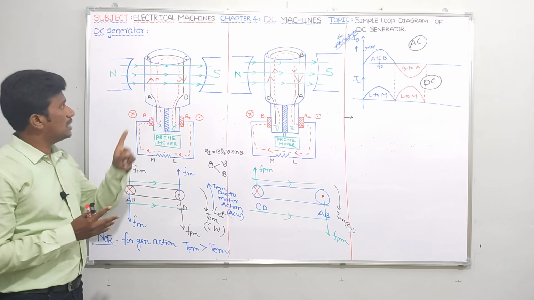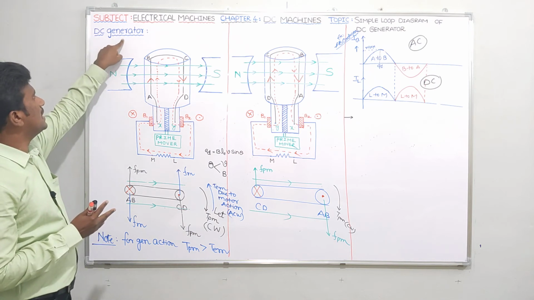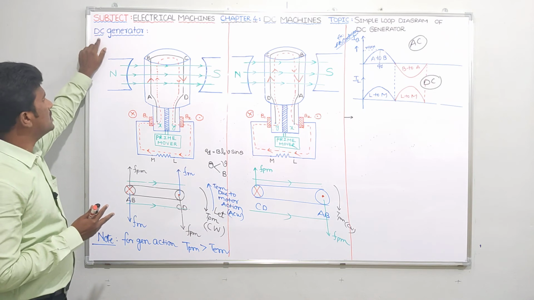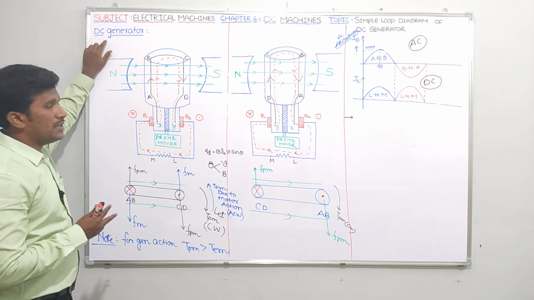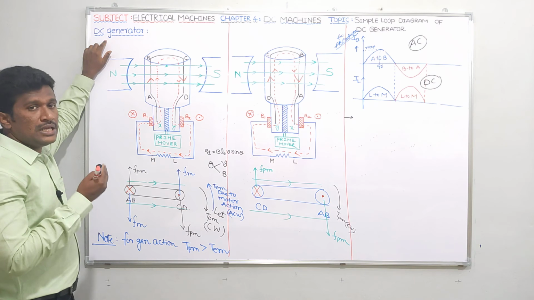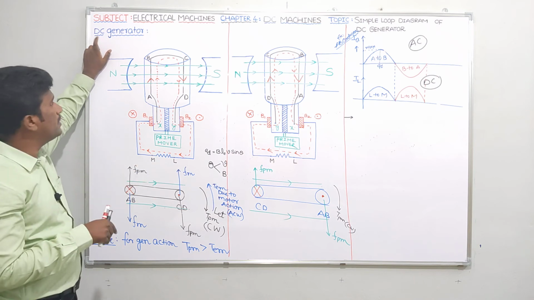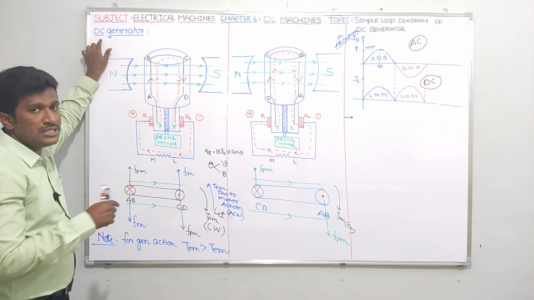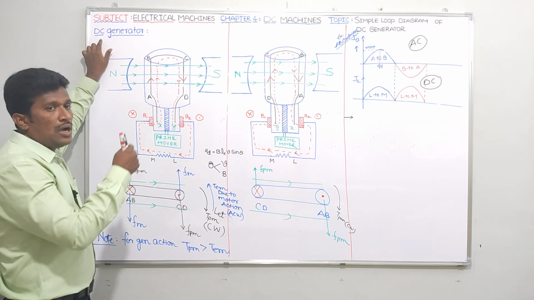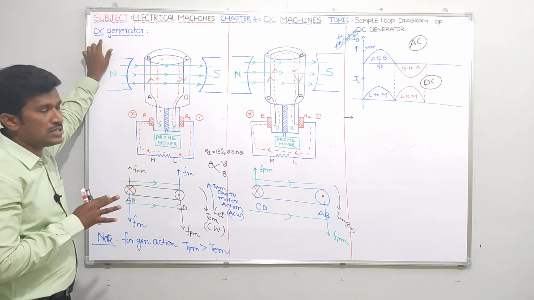You please try to see this name, DC generator. DC means what? What is the indication for this DC? DC generator means I need DC supply or DC current at load. That is the meaning of DC generator. Okay, DC generator means we always need the output to be DC.